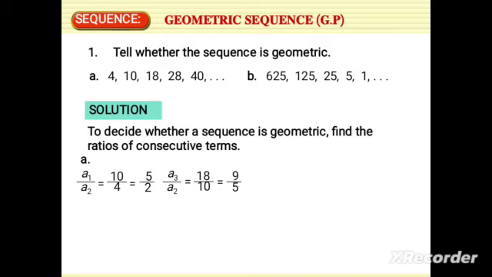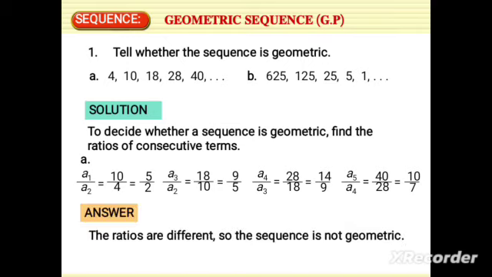We expect the ratio to be constant for it to be a geometric progression. Even if you continue, you still find a ratio that is not common. So the sequence is not geometric.